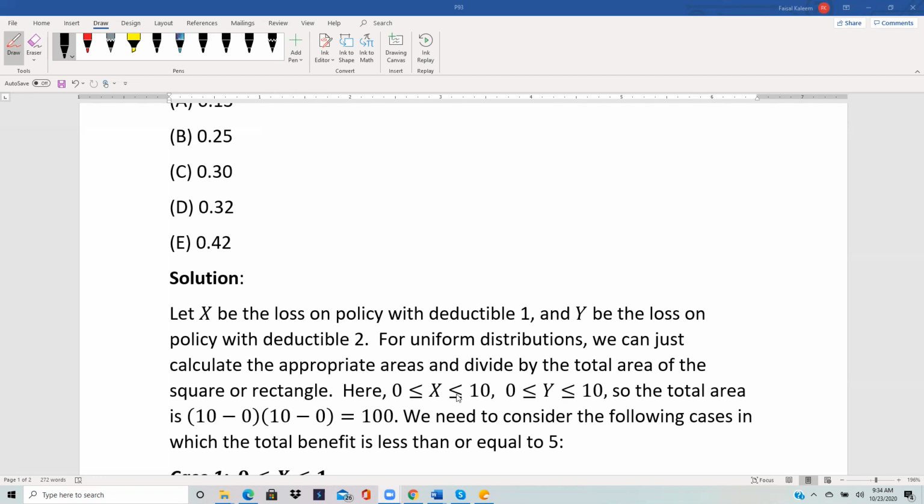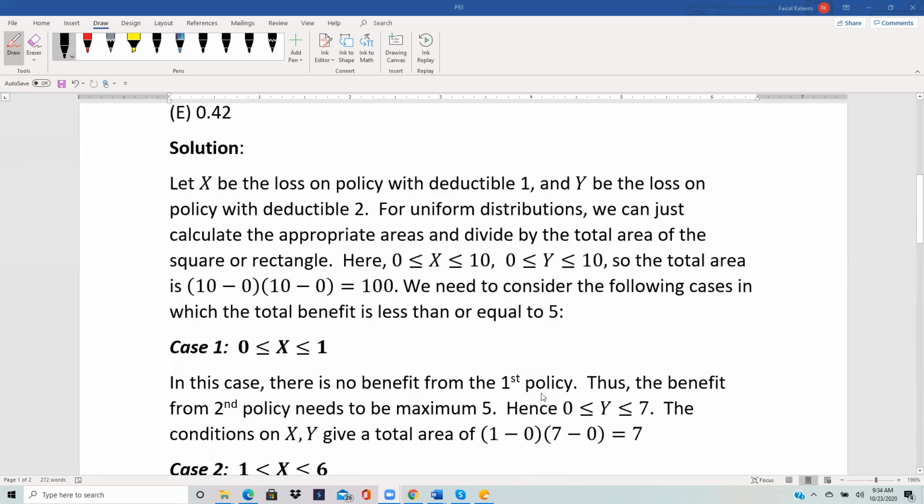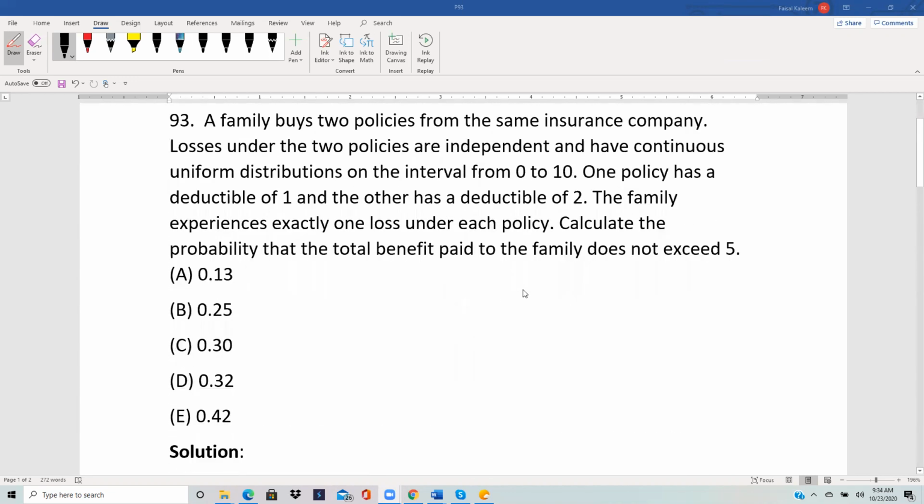So here X is between 0 and 10, Y is between 0 and 10. That's what both the loss variables were. And so the total area would be the length of this interval times the length of this interval. So 10 times 10 is 100. And we are dealing with the situation where the total benefit does not exceed 5.